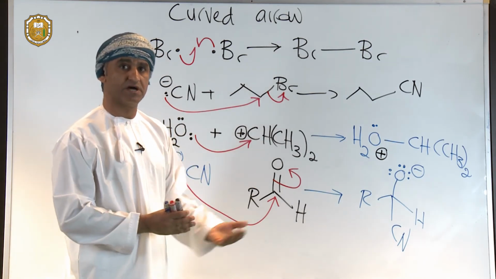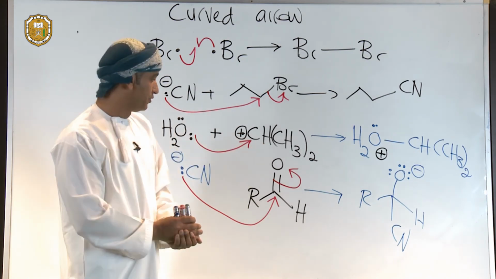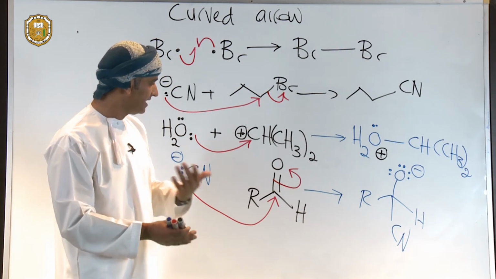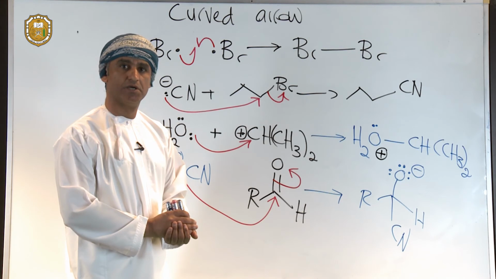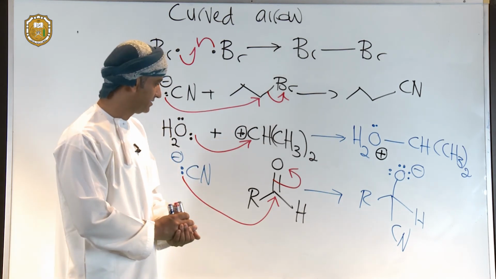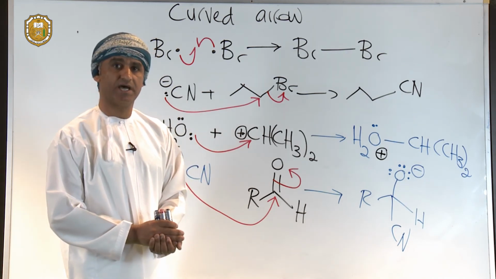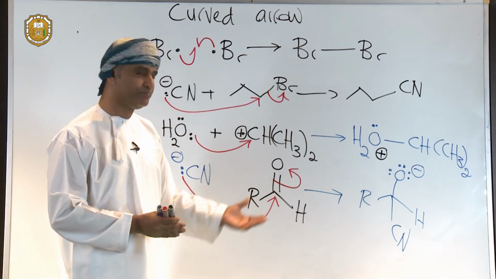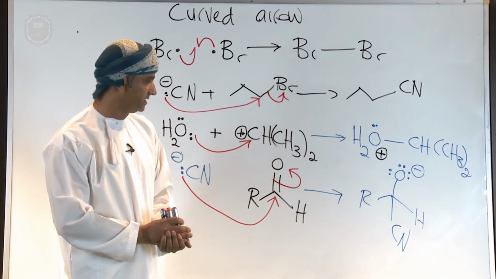Carbon cannot be surrounded by more than 8. So this carbon-oxygen double bond must break at the same time to keep the valency rules, for carbon not to exceed 8 electrons. And that's exactly why the carbon-oxygen double bond must break at the same time as the nucleophilic attack on the electrophilic site, and we get that intermediate product.